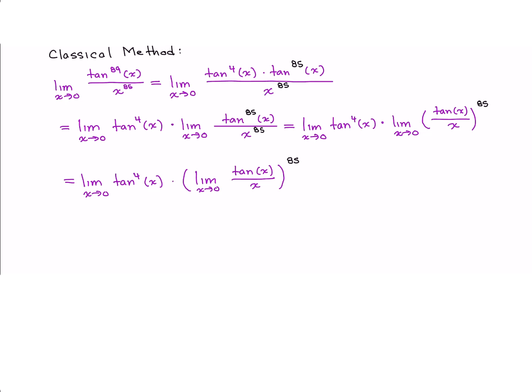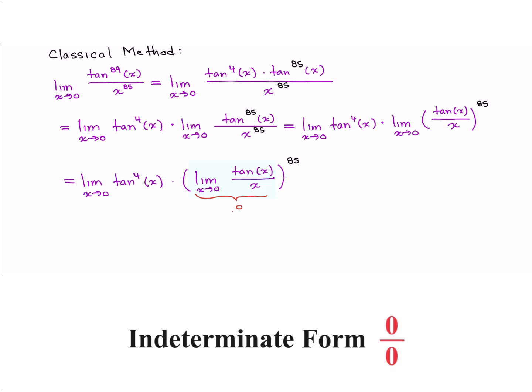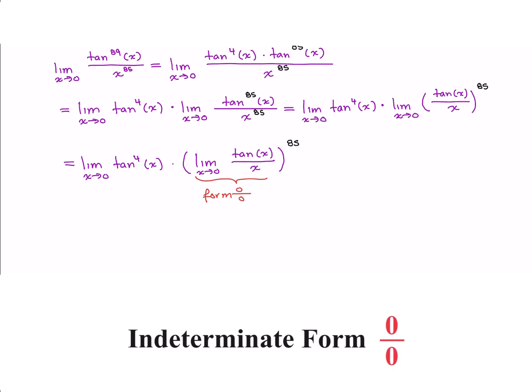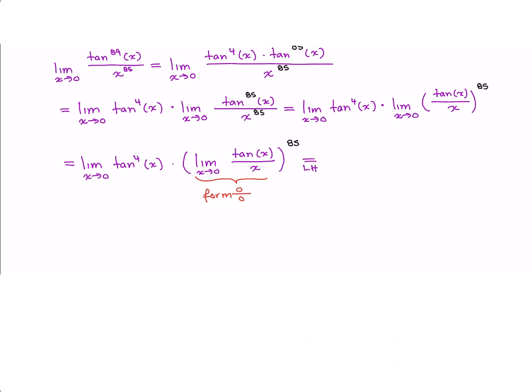So let's analyze this form. This is 0 over 0 form. Tangent of 0 is 0 as x goes to 0, and of course as x goes to 0, x goes to 0. Alright. So now we're applying L'Hopital's rule only to this piece highlighted in yellow, and I'll draw a box around it.